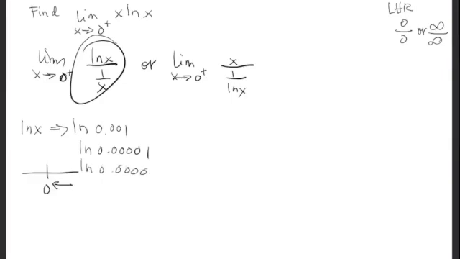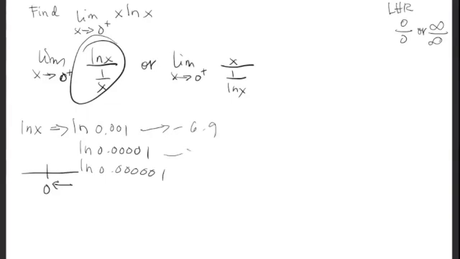Use your calculator. What is the value here? Is it increasing, decreasing, or is it 0? It's decreasing. Are you sure? What is ln of 0.1? What is the value of ln of 0.001? Give me the value. Negative 6.90.